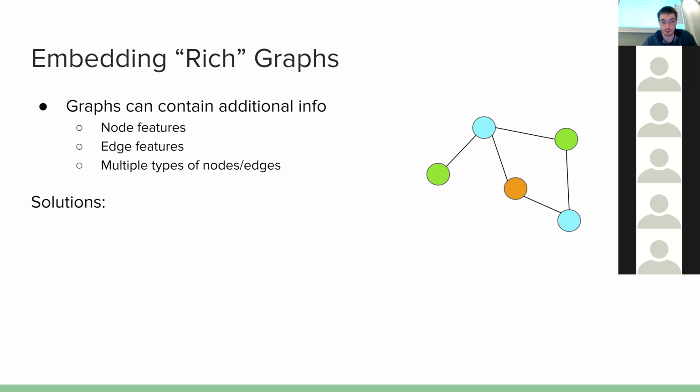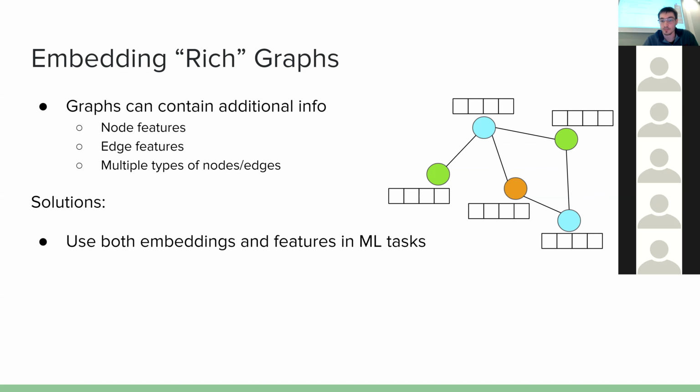How can we put these two things together? Well, the simplest solution is to take our embeddings, as we discussed before, very simple embeddings computed based on the neighborhoods, and join them together with the features to give them as input to a machine learning system. So, for example, these are our embeddings. Let's consider this node pointed by the red arrow. To the machine learning system, we will input our embedding vector plus our feature.